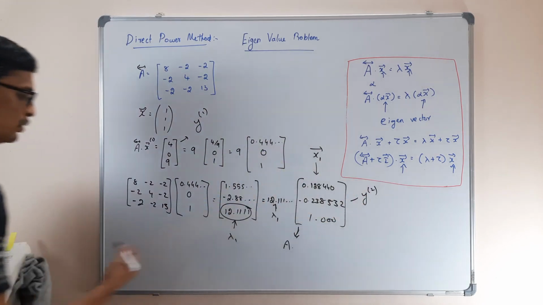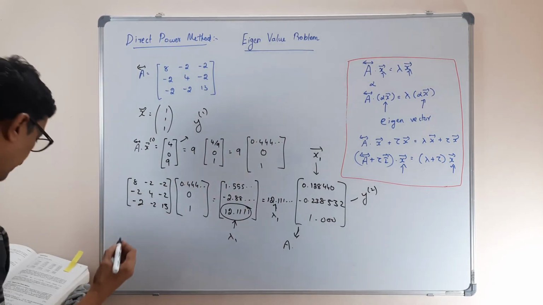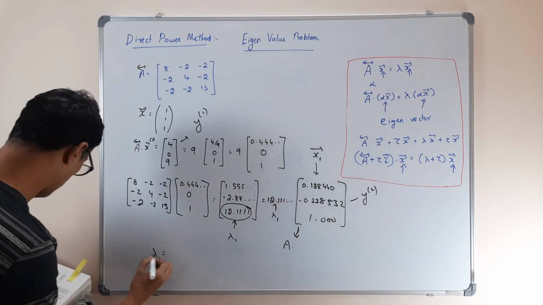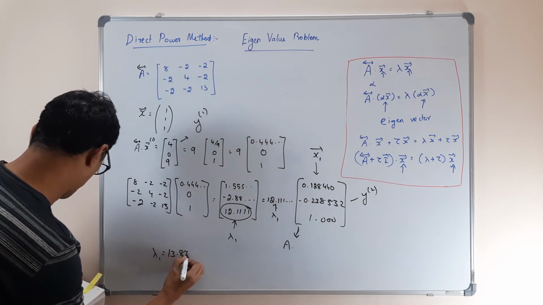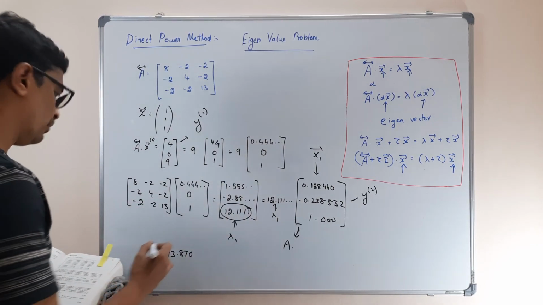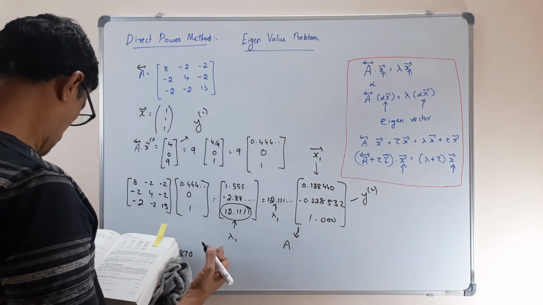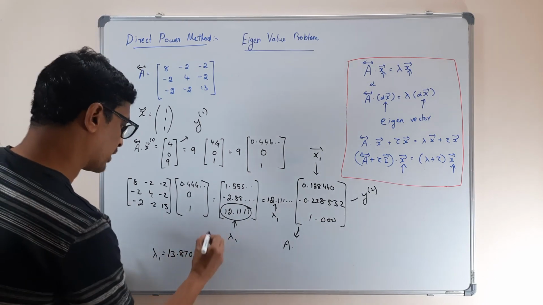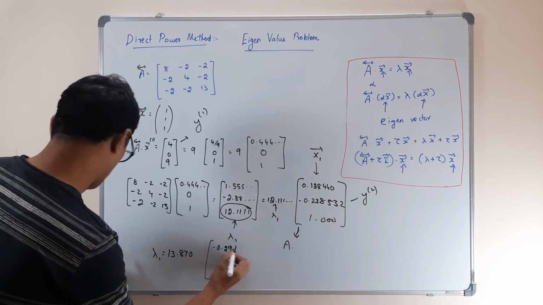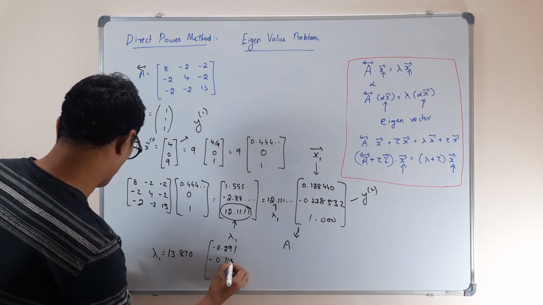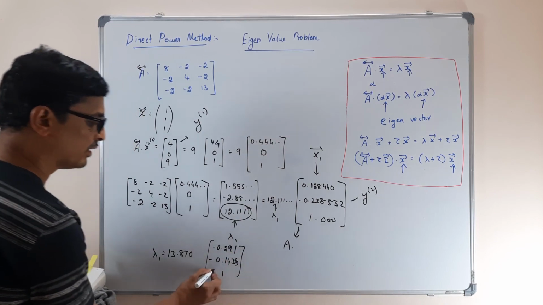If we did y2, then you keep going for y3, y4, y5, and so on. When you do the 30th iteration, you will find that your lambda 1 converges to about 13.870. The eigenvector also converges to minus 0.291 and minus 0.143435 or something like that, and the last component will be 1 because we have taken that factor outside.